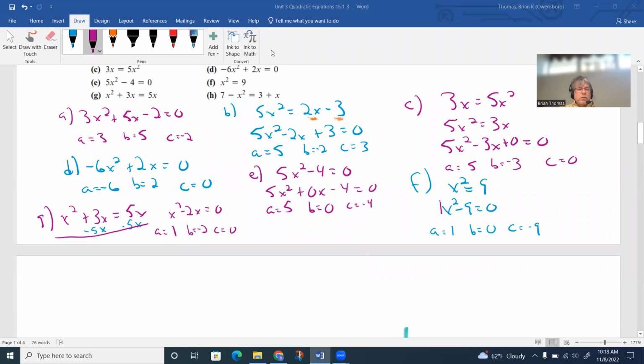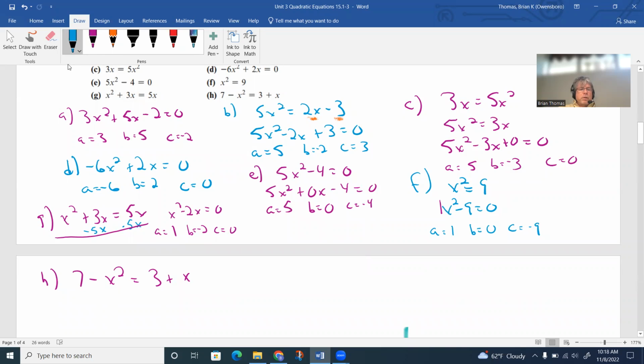Let's try to do h as well here. So I have 7 minus x squared equals 3 plus x. So again, we can move everything to the same side as the quadratic term. There's all kinds of ways to do this, it just depends on what you're doing. So there could be more than one answer to this one, because there's a lot of things to move.